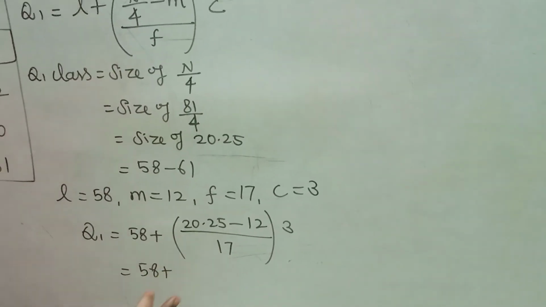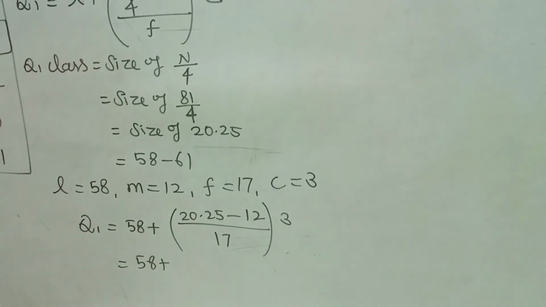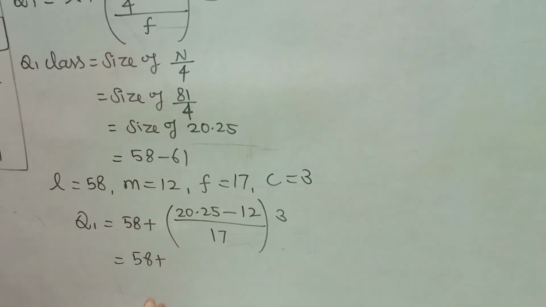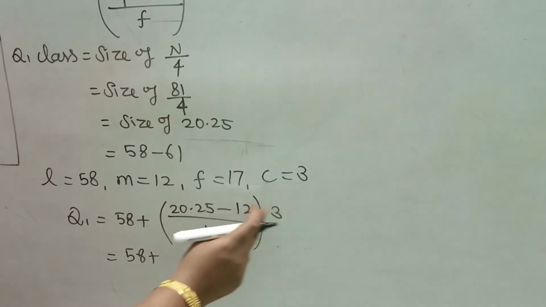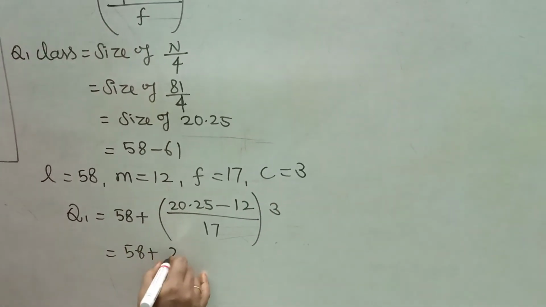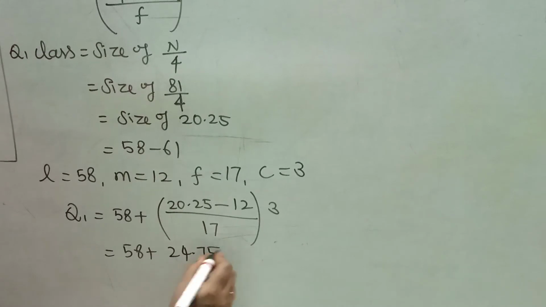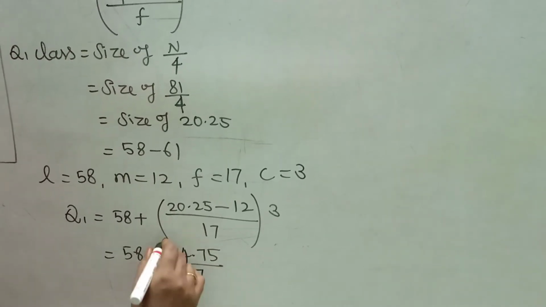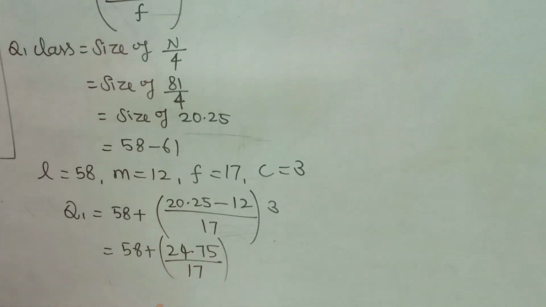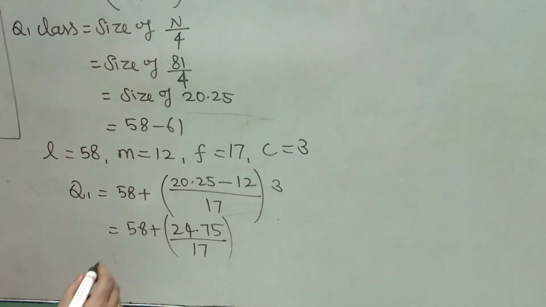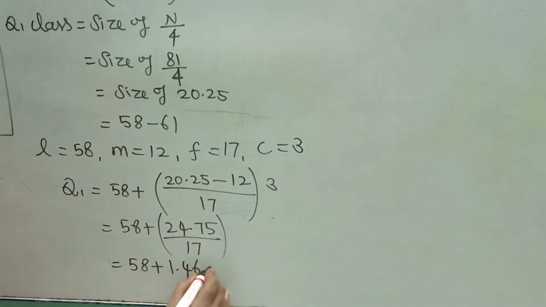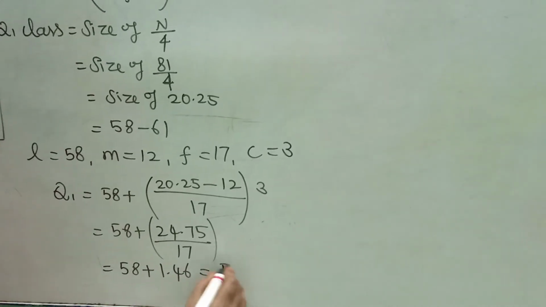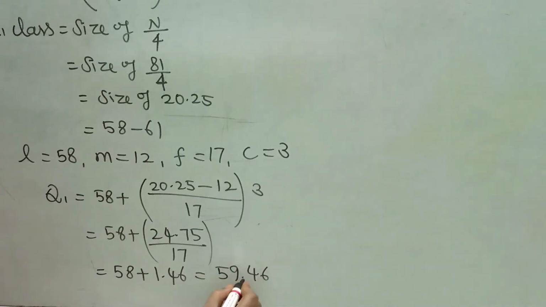First we have to simplify the bracket value. 20.25 minus 12 is 8.25. 8.25 into 3 will give us 24.75, divided by 17. Dividing these two values, I get 1.46. Therefore, Q1 value is 59.46.